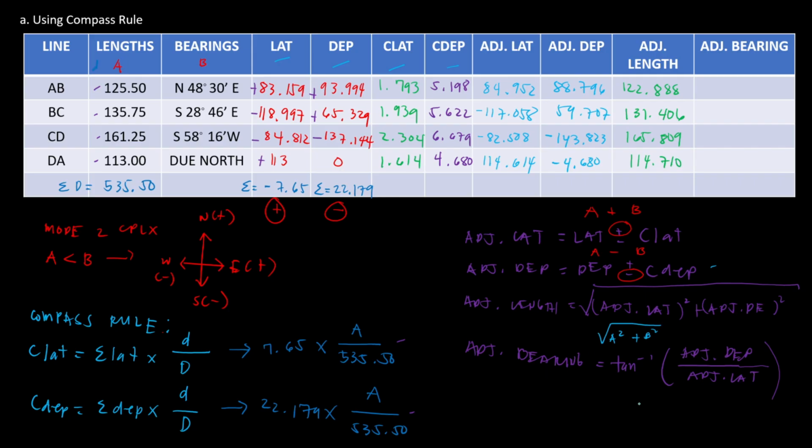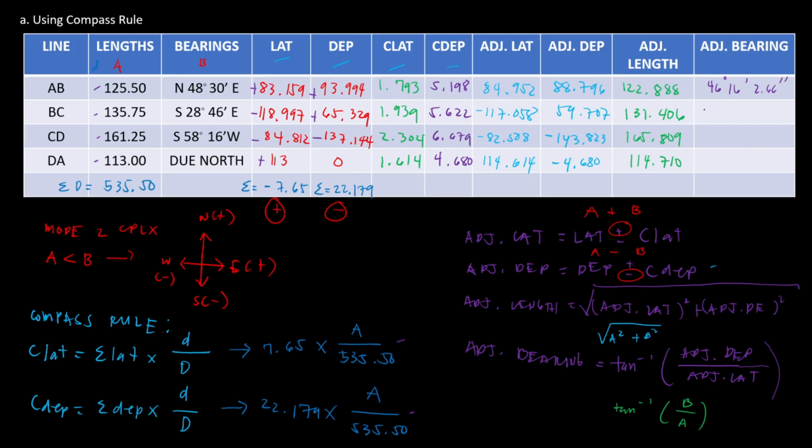Ayan, next tayo for adjusted bearing. So, tangent inverse, B over A. For B, adjusted depth, and then yung A, adjusted latitude. So, sa calculator, para mas mabilis. And then, una, line AB, yung adjusted bearing niya, that is 46 degrees, 16 minutes, and 2.66 seconds.